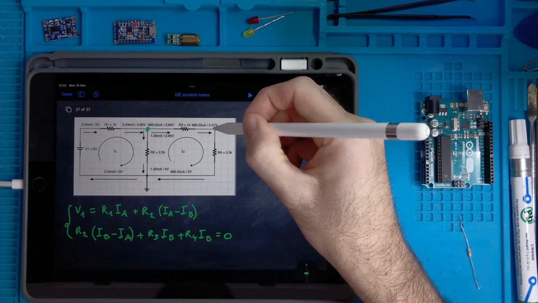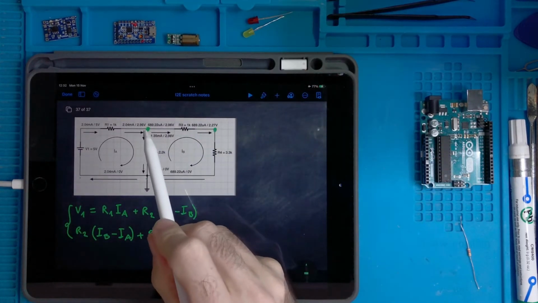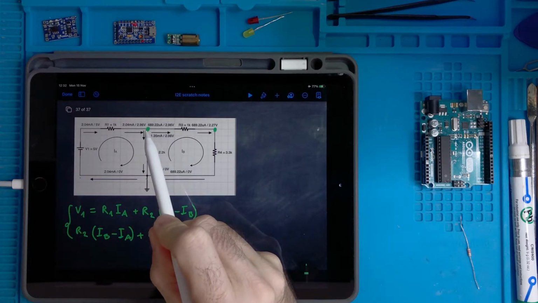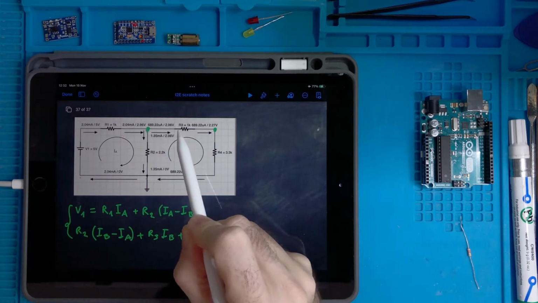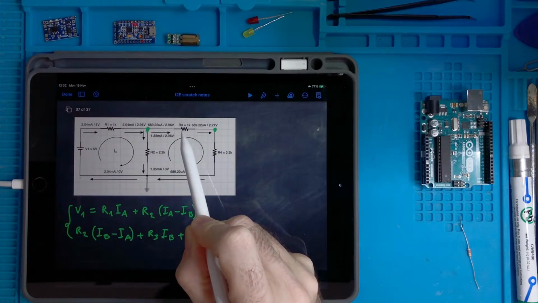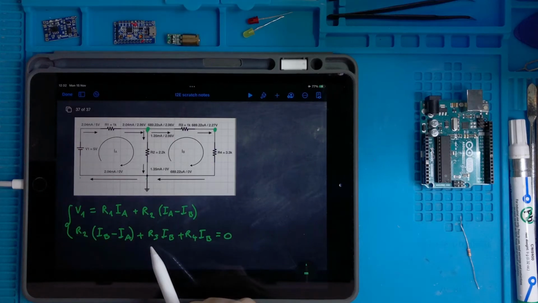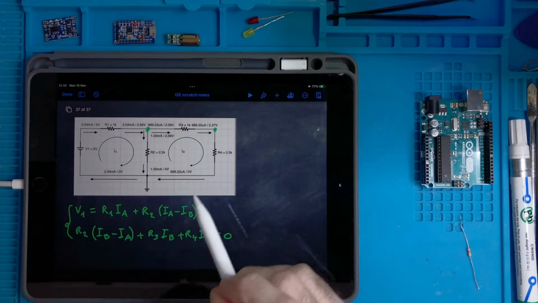Similarly, I can calculate the voltage at this node, because once I know this one, the voltage here is this voltage minus the voltage drop across R3, which is R3 multiplied by IB, and so on.